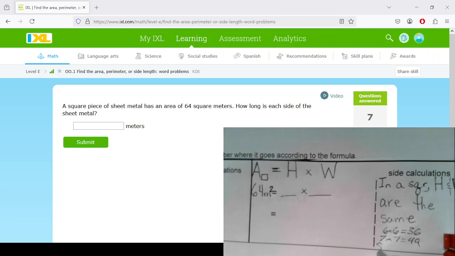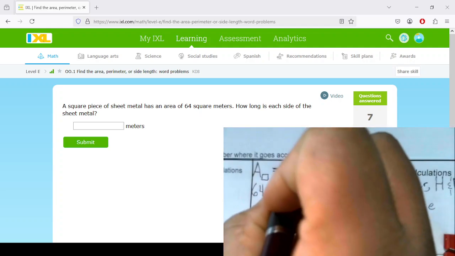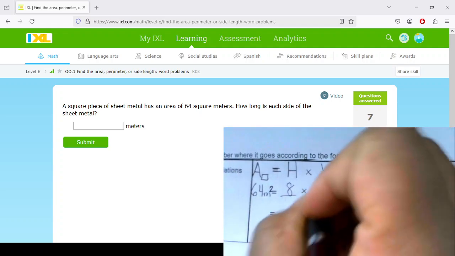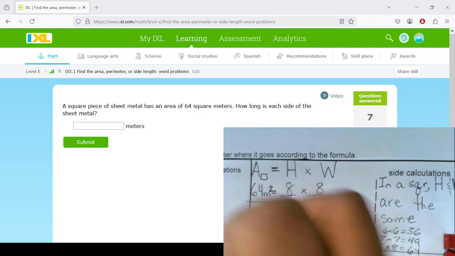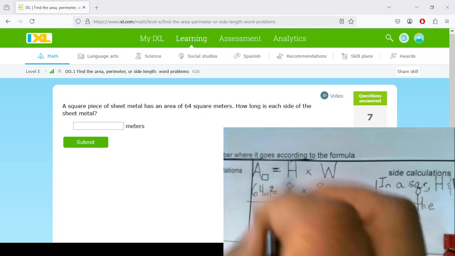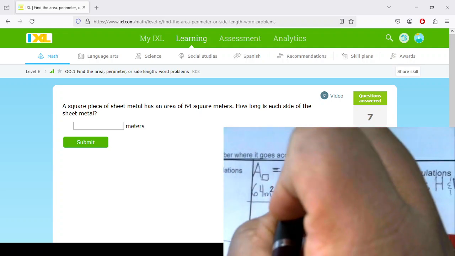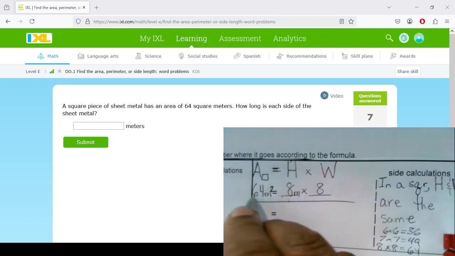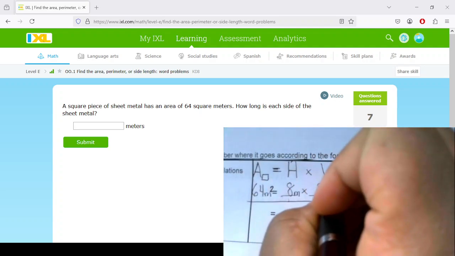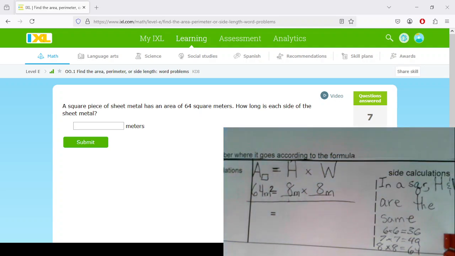Still too small. 8 times 8 is 64. Great, I found it. 8 times 8. So the height is 8 meters and the width is 8 meters. Because in a square, each side is the same length.